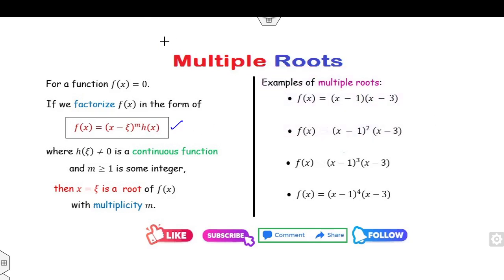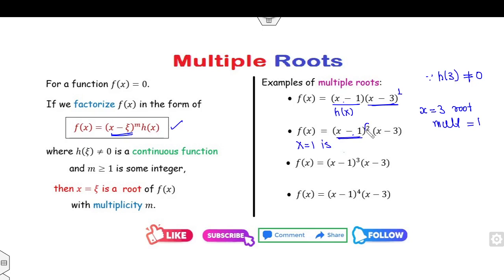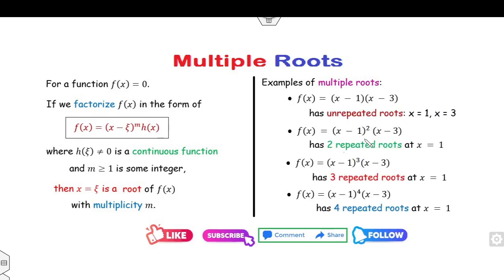On the other hand, if I consider this as the (x minus xi) form and this as h(x), then x equal to 3 is also a root, because h of 3 is non-zero, so it is a root having multiplicity 1. Similarly, for this case, x equal to 1 is a root having multiplicity 2, and x is a root with multiplicity 3 and 4.